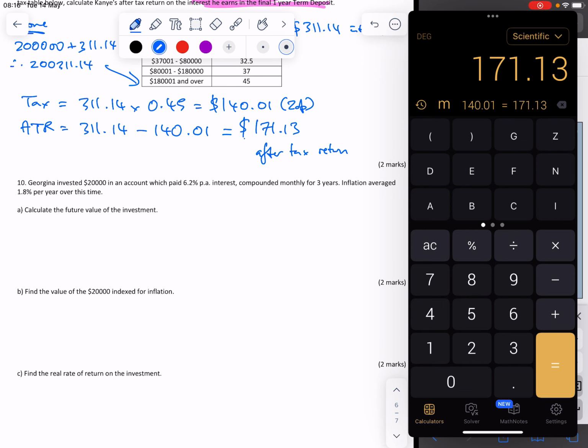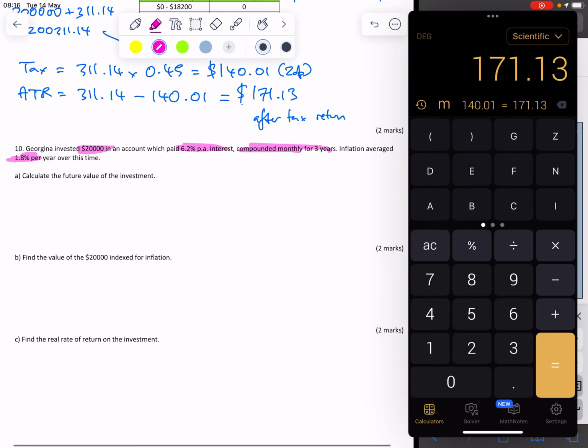Georgina invested 20 grand in an account, 6.2% per annum interest, compounding monthly for 3 years. Inflation was 1.8% per year over this time. What's the future value of the investment? This is a compound interest situation, so N, compounded monthly for 3 years, I'll leave until after.